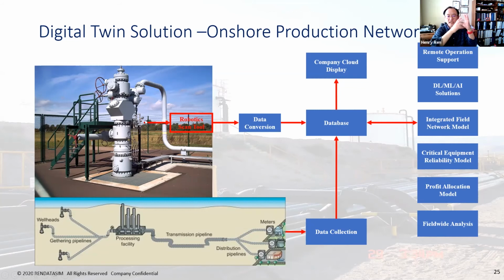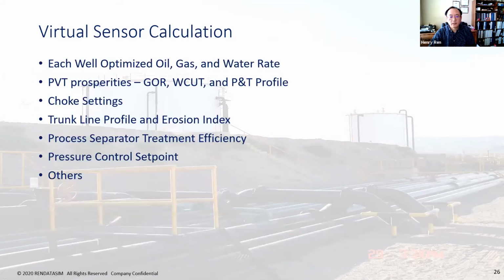If you have a scanning tool that can monitor those gauges and convert the data to the database, I would say it is very useful. I'm looking for those kinds of technologies, and I believe they will help existing onshore wells or any gauge operations significantly. I call it robotics. You can call it anything, okay? A kind of device that can scan those kinds of tools.